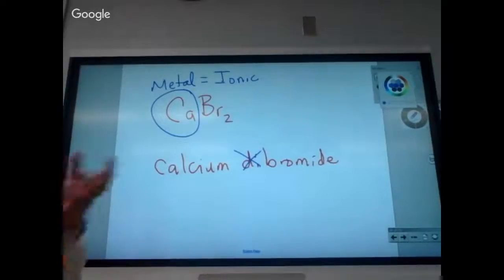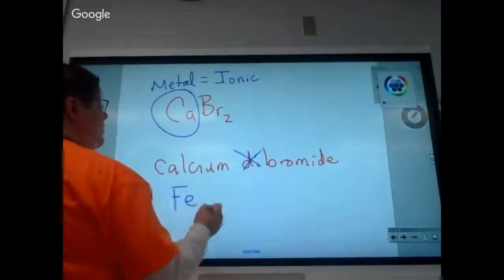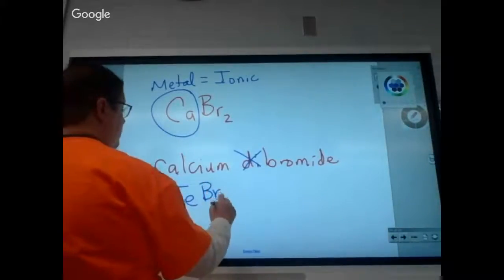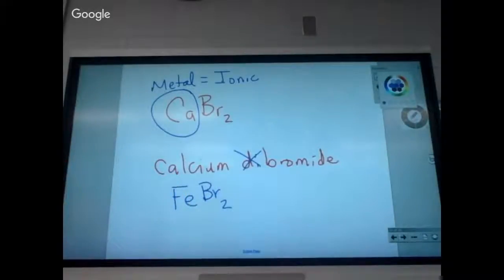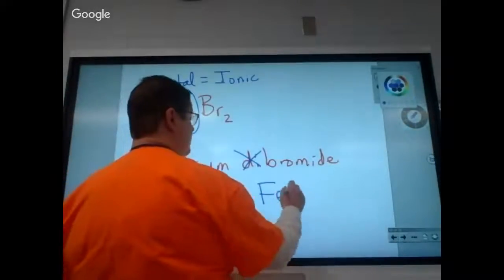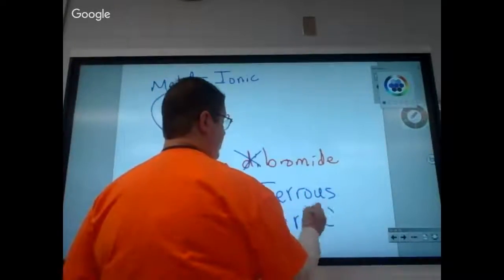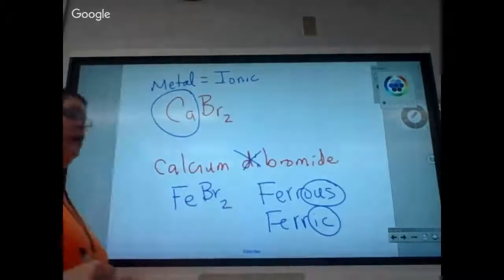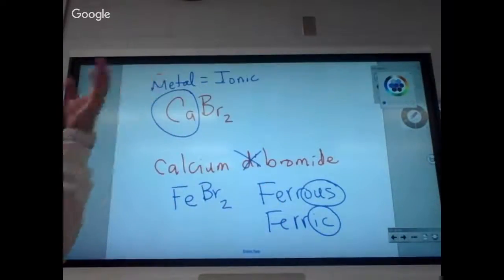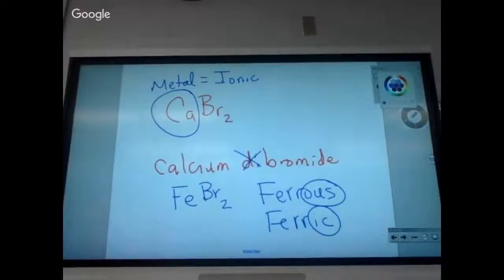If we wanted to name, for example, this one, we have to use its Latin name, ferrum. So we'd have to use either ferrous or ferric. You'd have to know the endings, and whether it has the larger or the smaller oxidation number. That's a lot harder, which is why we don't teach it in first year chemistry.